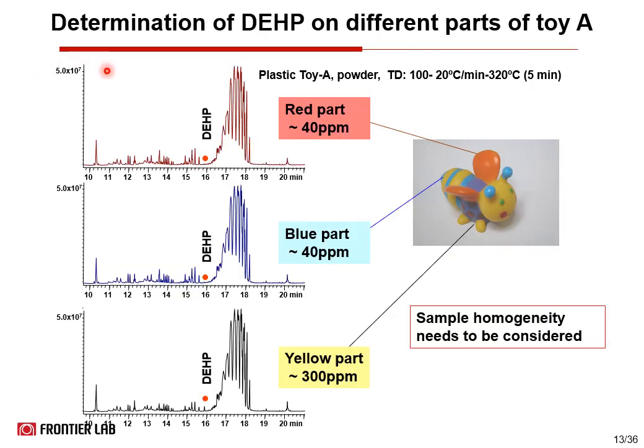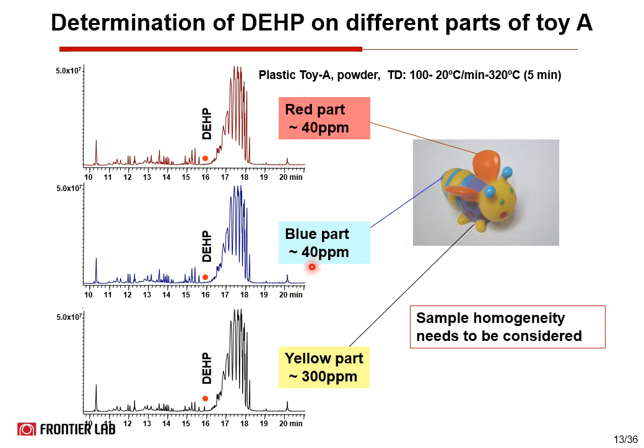Here's another example of the quantitation of phthalates. The sample is a plastic toy as shown in the picture. Red part, blue part, and yellow part were analyzed, and we found that the concentration is different by part.